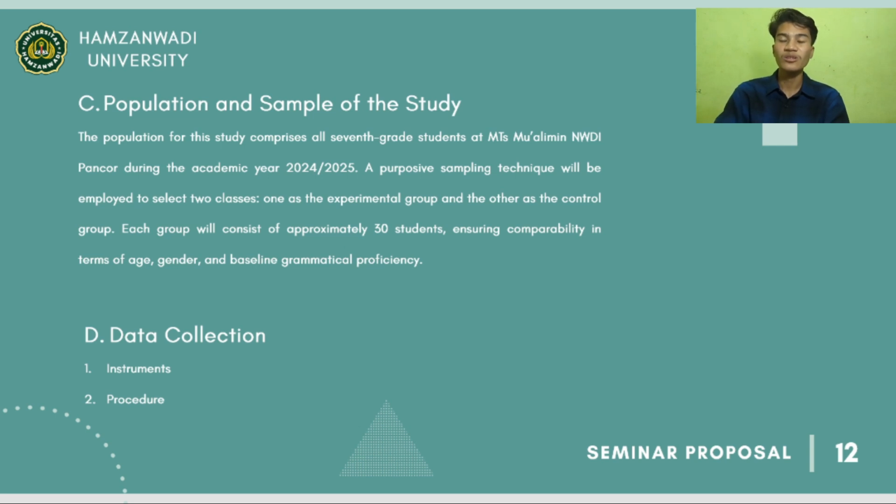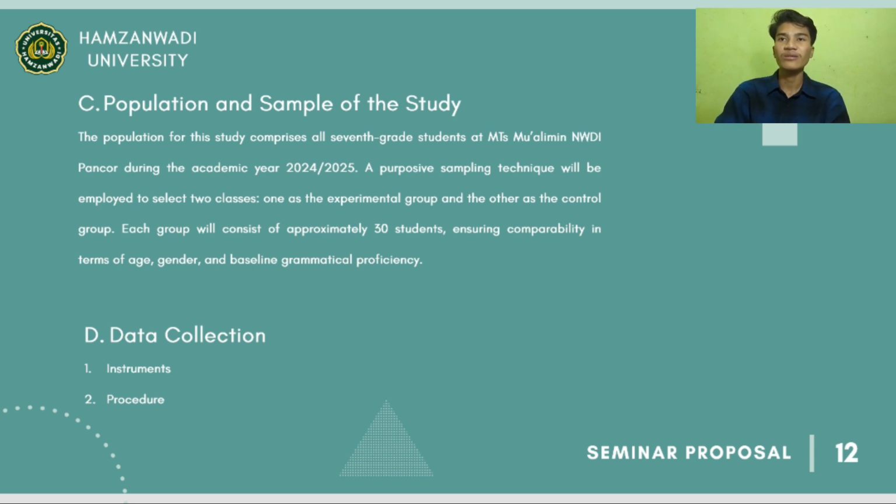So next is the procedure. Preparation: design lesson plans incorporating Kahoot activities for the experimental group, develop traditional lesson plans for the control group, and pilot the grammar tests and questionnaire to ensure reliability and validity. And B, implementation. Both groups will undergo a pre-test to determine their baseline grammar skill.